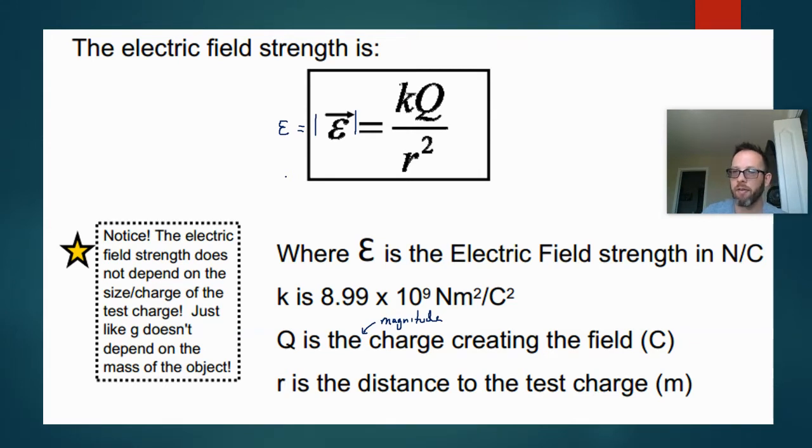Just like the Earth's gravitational field doesn't depend on my mass or your mass. It just depends on the mass of the Earth. So that's a bit to copy down into your notes. So if you need to pause, just please go ahead and do that. And just in practice, we've been using 9 times 10 to the 9 for Coulomb's constant. All right.